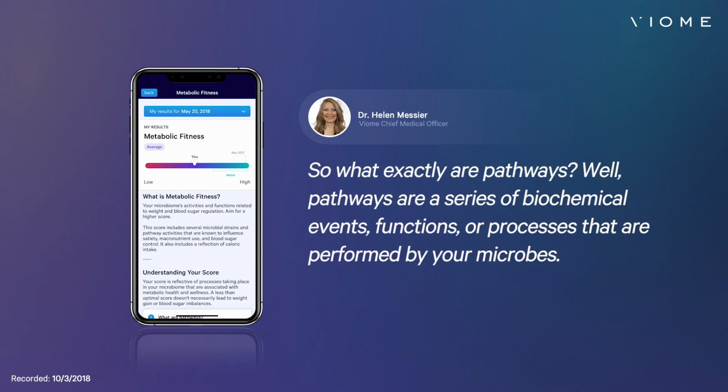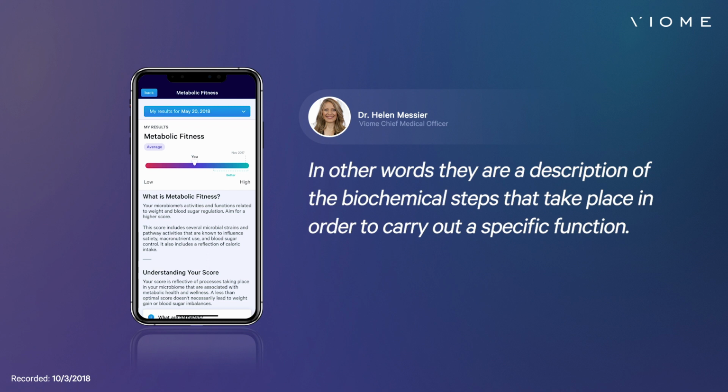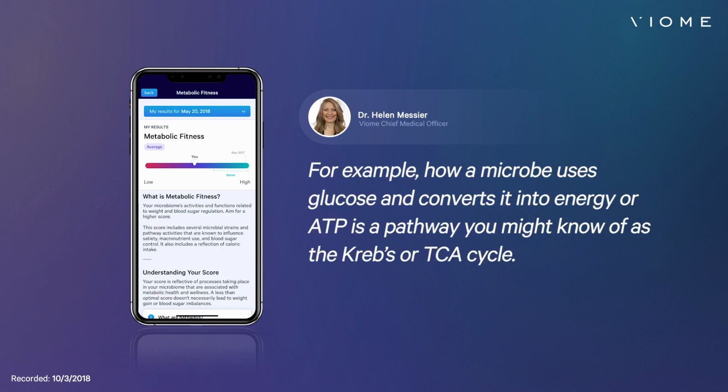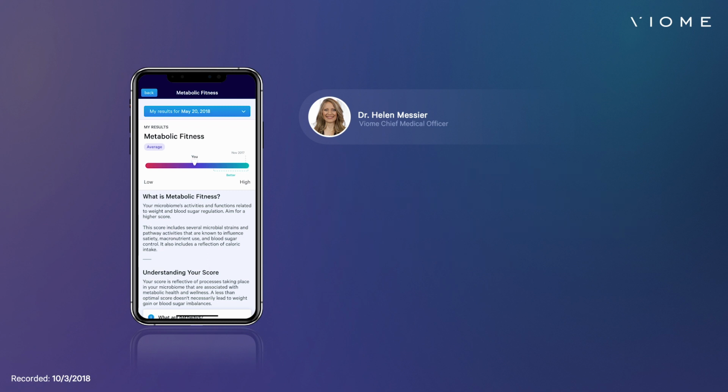So what exactly are pathways? Well, pathways are a series of biochemical events, functions, or processes that are performed by your microbes. In other words, they are a description of the biochemical steps that take place in order to carry out a specific function. For example, how a microbe uses glucose and converts it into energy, or ATP, is a pathway you might know of as the Krebs or TCA cycle.